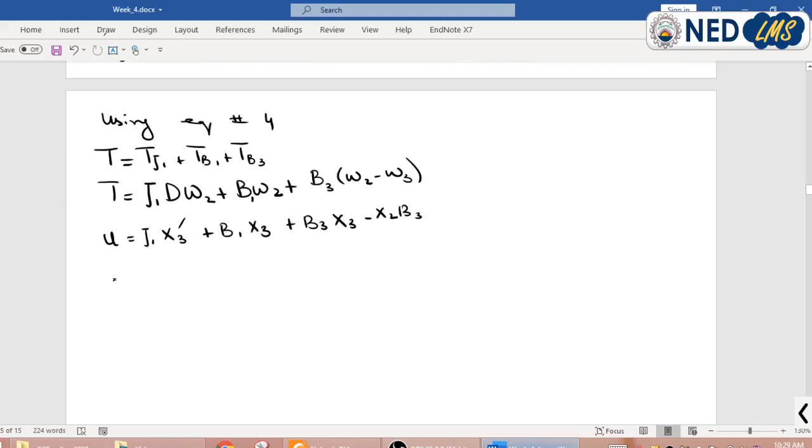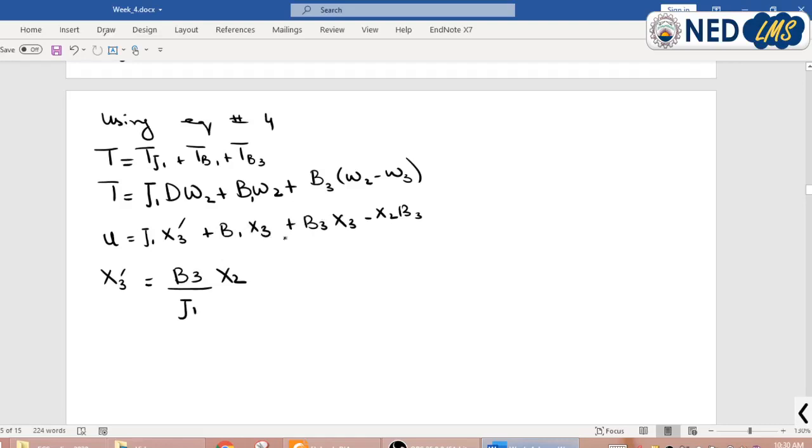So I can find x3 dash by rearranging this equation. We have the x2 term here, b3 over J1, which is b3 over J1 into x2.